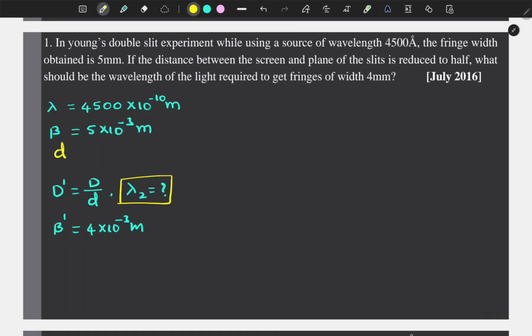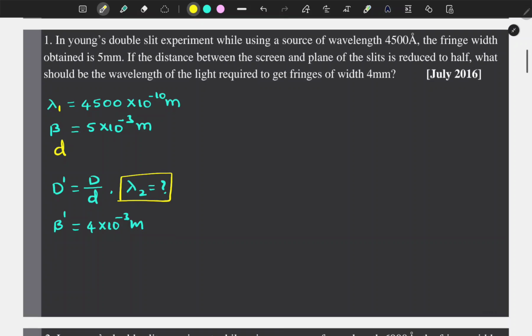So small d value is fixed, it is not varying. Therefore consider the wavelength of the initial light as lambda 1 and the initial beta as beta 1. Or you can just consider it as beta also, because here I have used beta dash.